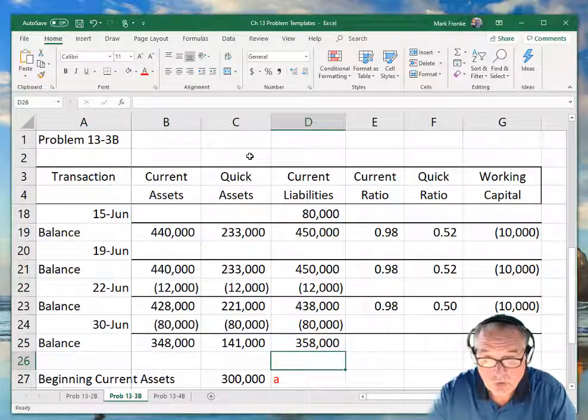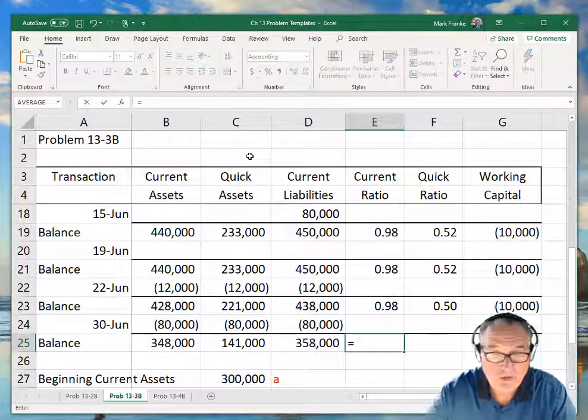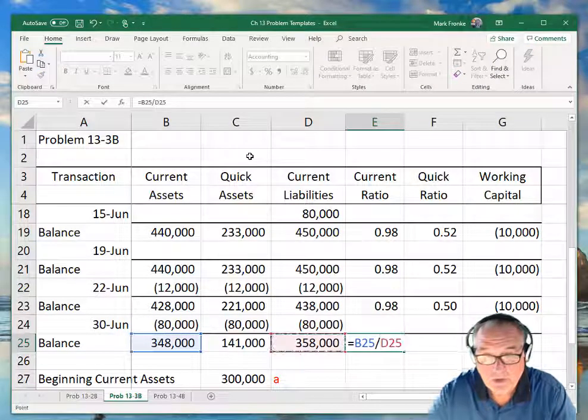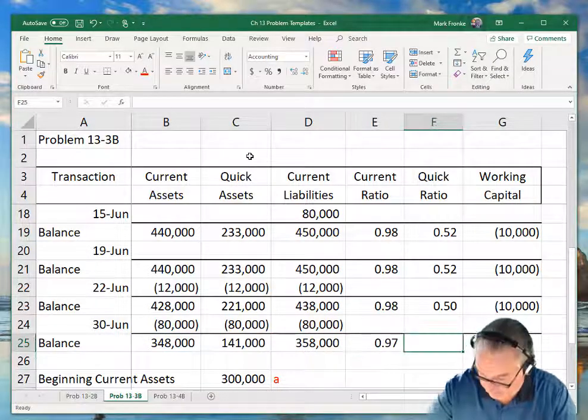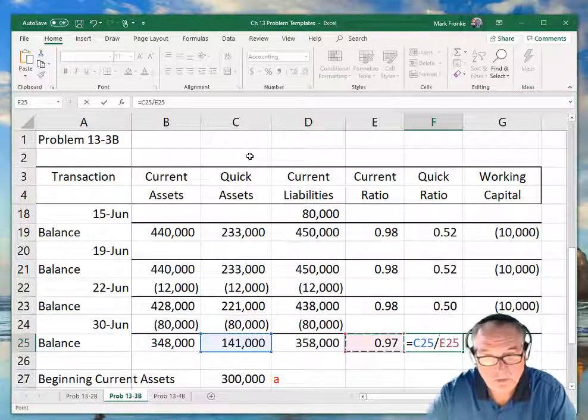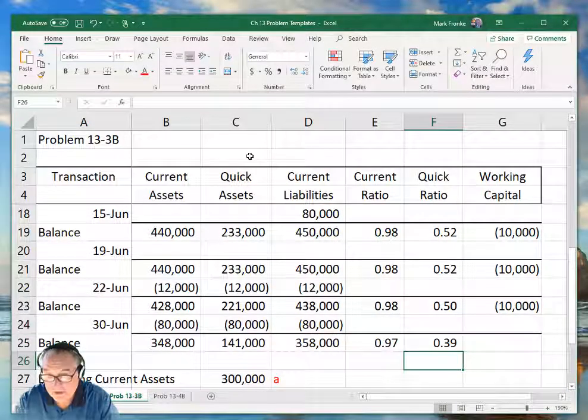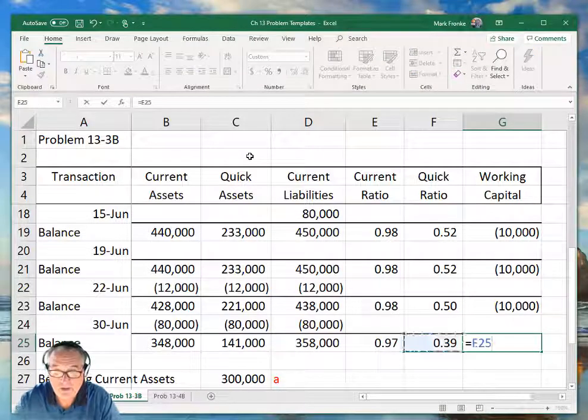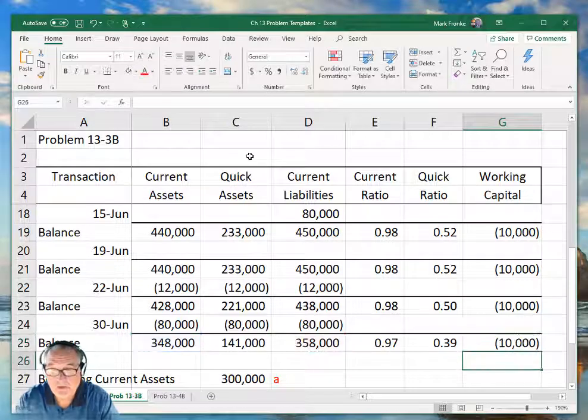So now our final current ratio is 0.97. Our final quick ratio is 0.39, and we ended up with negative working capital of $10,000.